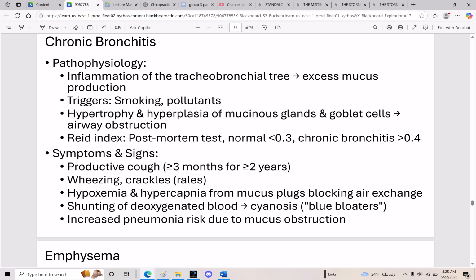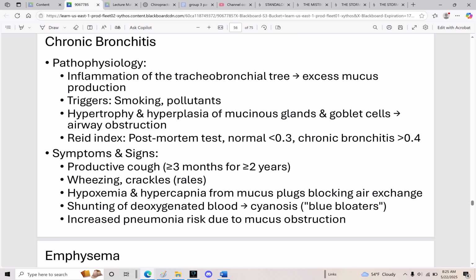So now, the Reid index. The Reid index is a so-called useless index. Why? Because you have to take it after death. So it's a post-mortem diagnosis, okay? And that's what the coroners, medical examiners will use the Reid index for. But you can't do it in a living person, right?